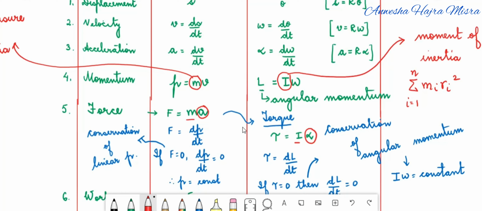So we have to learn how to calculate I of different bodies about different axes, then sums will become easier. So in my next video, I am going to give you how to calculate moment of inertia of simple bodies about different axes.